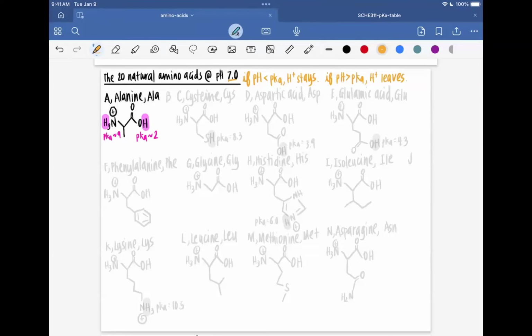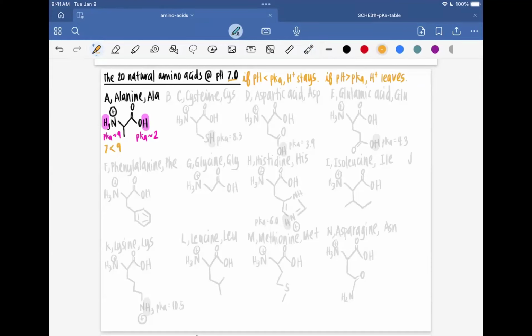So here we have a pKa of 9 that we are comparing to a pH of 7. So 7 is less than 9, which means that we're in this first scenario, and the proton on the amino group is going to stay.